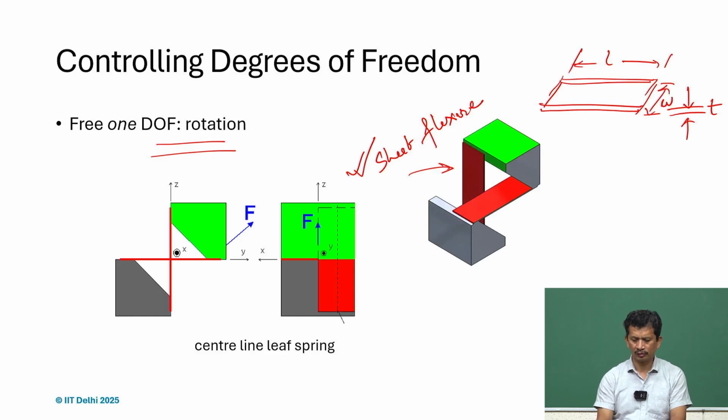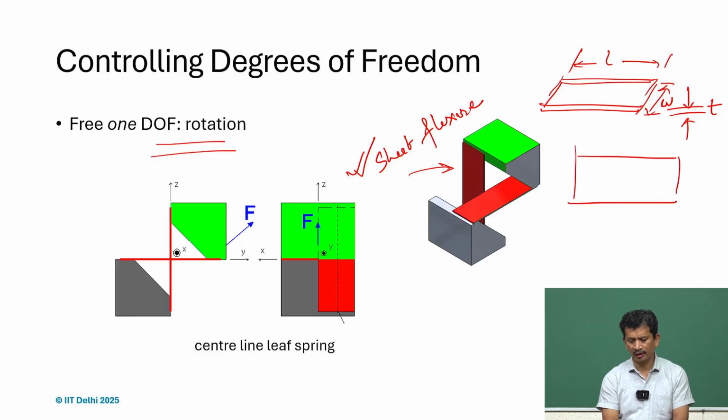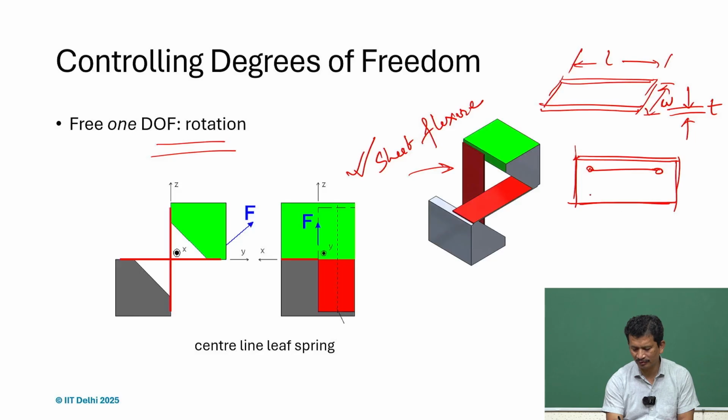So, the thickness is much smaller, and what we discussed earlier also is that whenever we consider this kind of sheet flexure or leaf spring, a planar element is equivalent to 3 constraints.